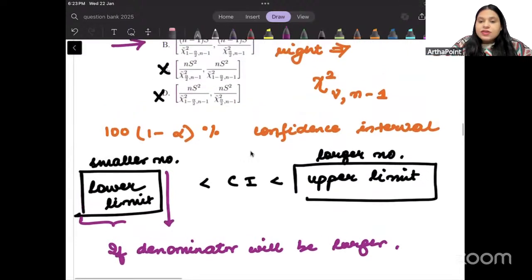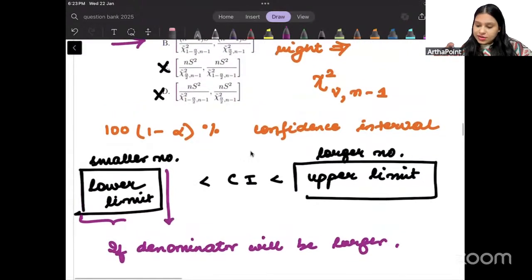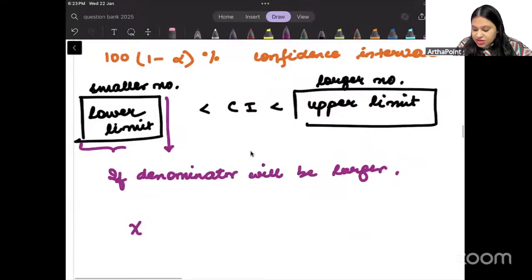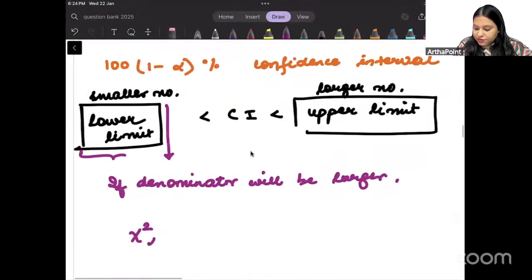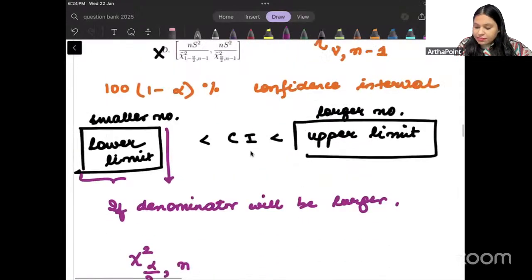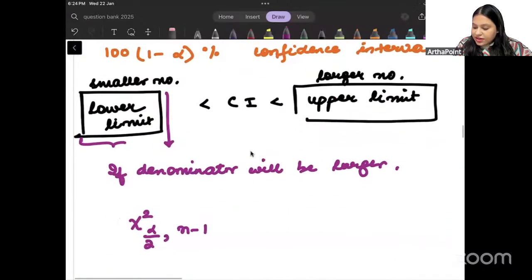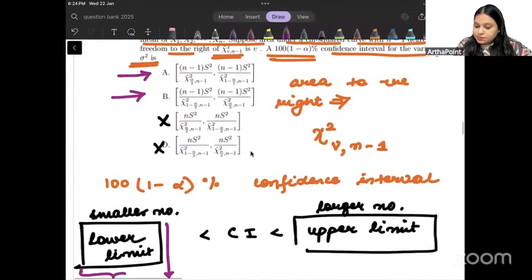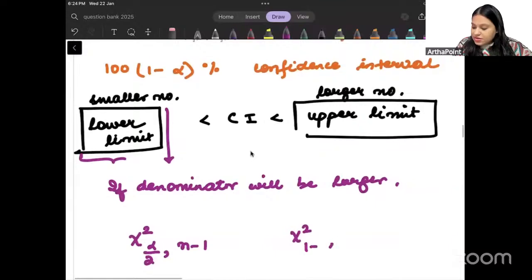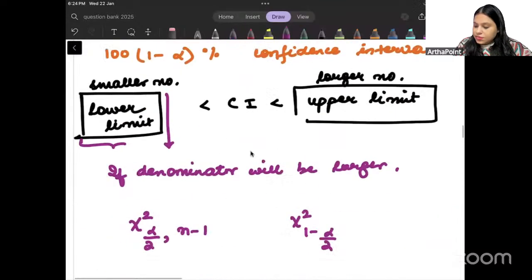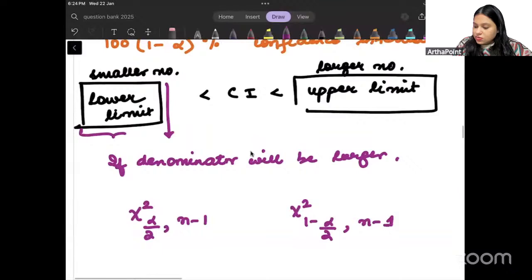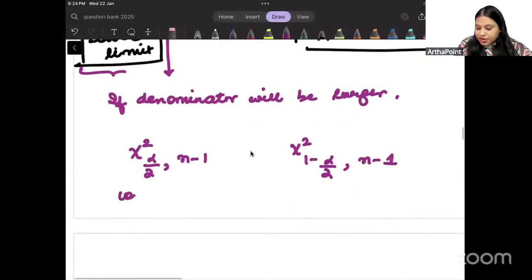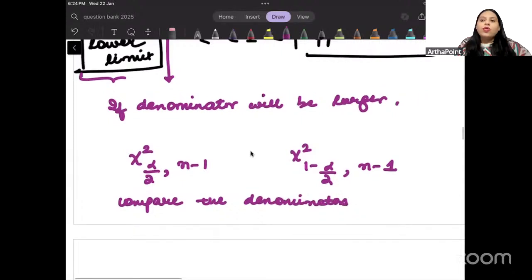So basically, we want to compare the denominators: one is chi square alpha by 2, n minus 1, and one is chi square 1 minus alpha by 2, n minus 1. That is what I want to do.